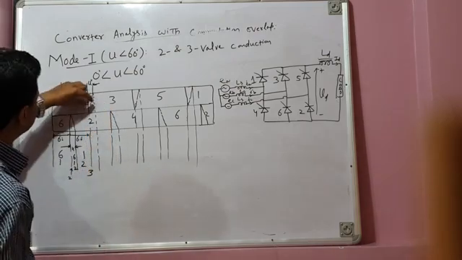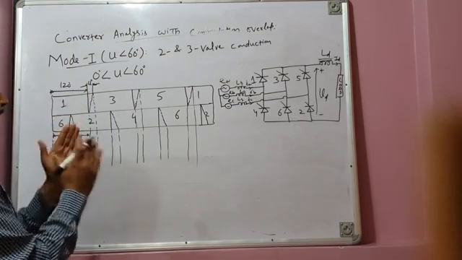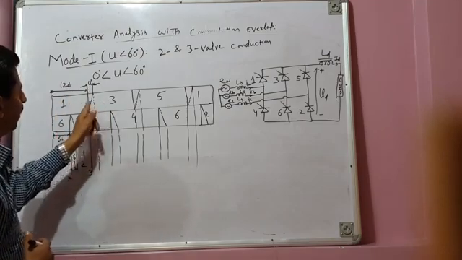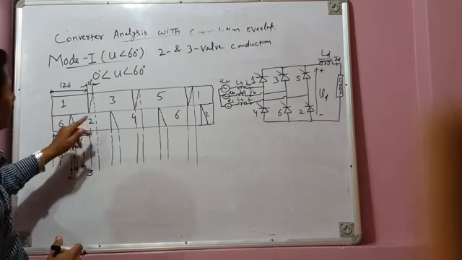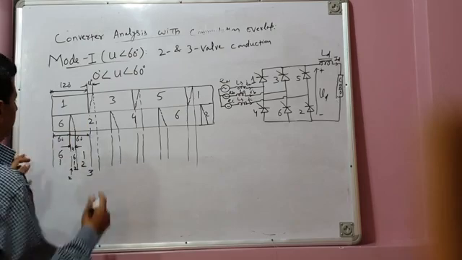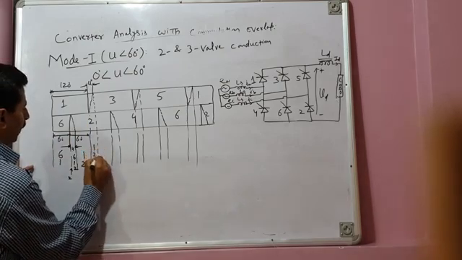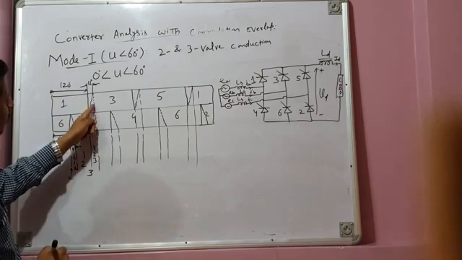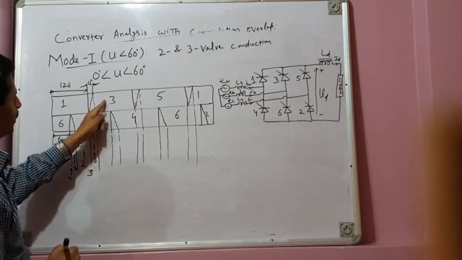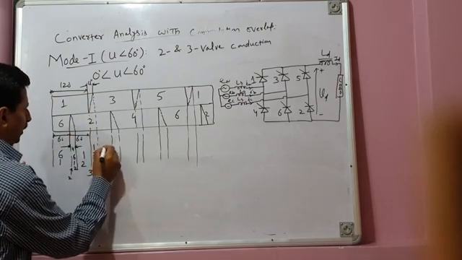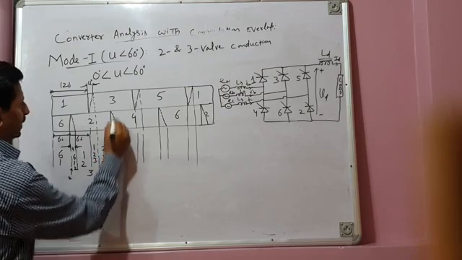So during this u degree, both valves, outgoing valve 1 as well as incoming valve 3, are conducting, and 2 from the bottom is already conducting. So this again gives 3 valve conduction, that is 1, 2, 3. Then at the end of the commutation overlap angle, 1 is completely out, 3 is completely in. So 2 valve conduction, 2, 3.